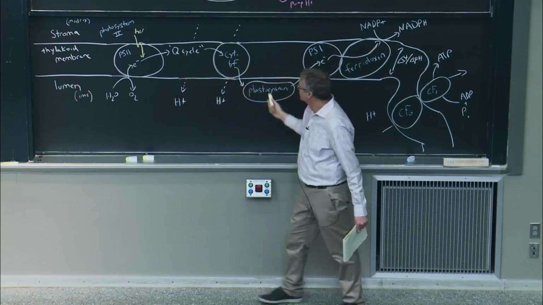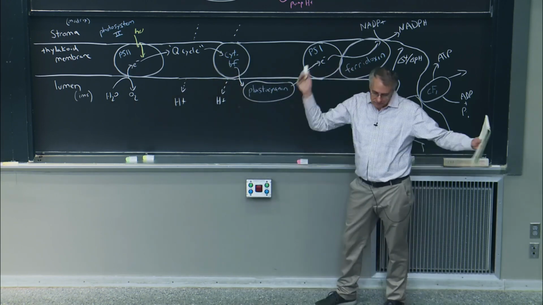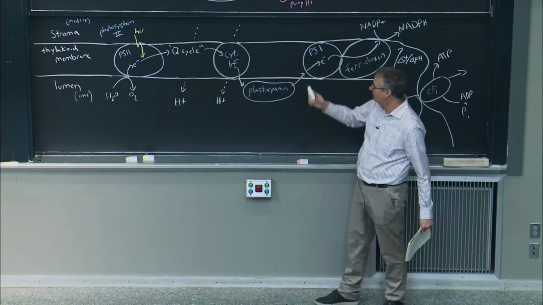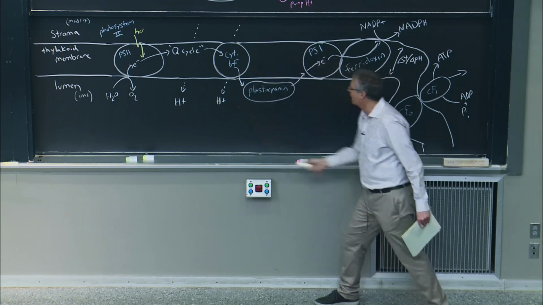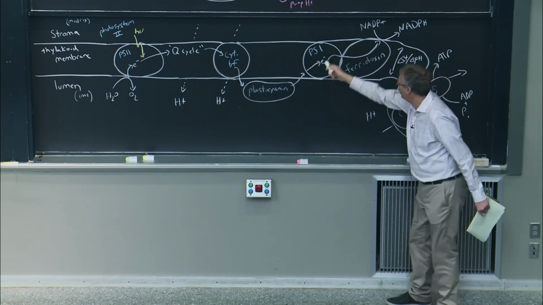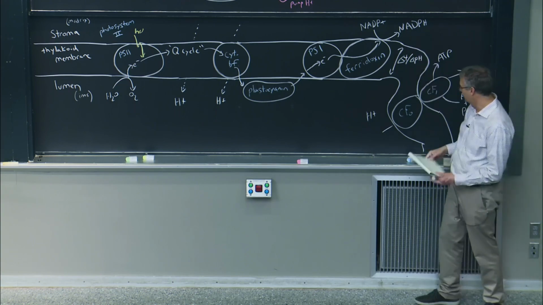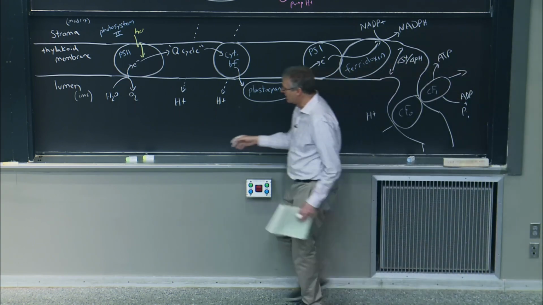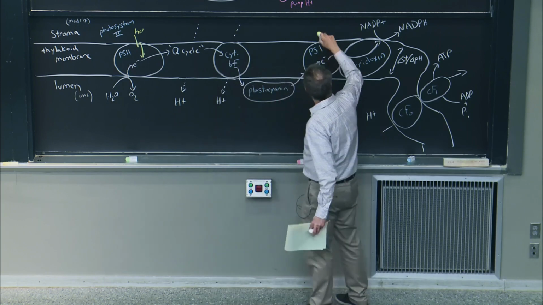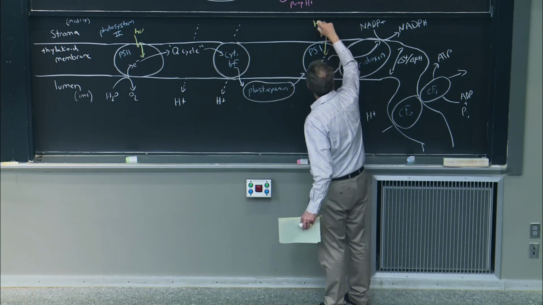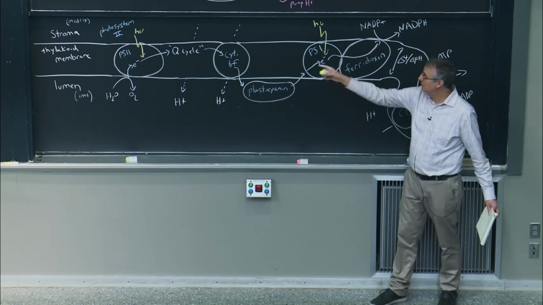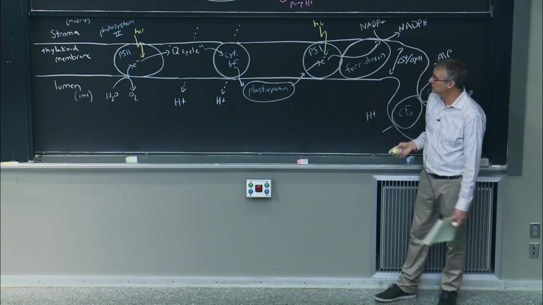You transfer electrons, including via a Q quinone-like cycle that pumps protons, have other complexes that pump protons, ultimately transfer electrons to generate NADPH. There's two complexes here that absorb light, Photosystem II and Photosystem I.